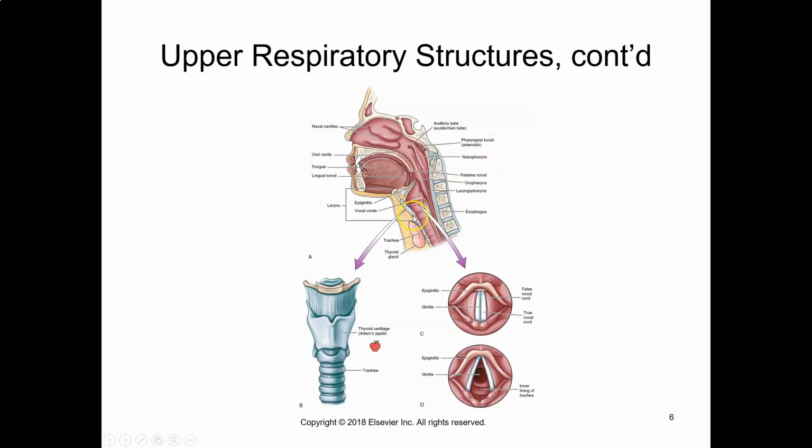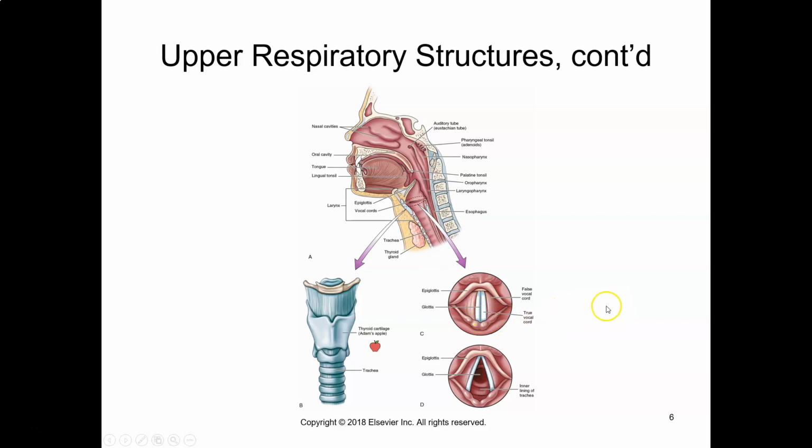You need to know where all of these are. Like, you need to know where the epiglottis is, where the vocal cords are. The thyroid gland is located here. Here's the esophagus, and then the oral cavities, eustachian tube, etc. And I have seen this when you're intubating a patient. The vocal cords look exactly like this.